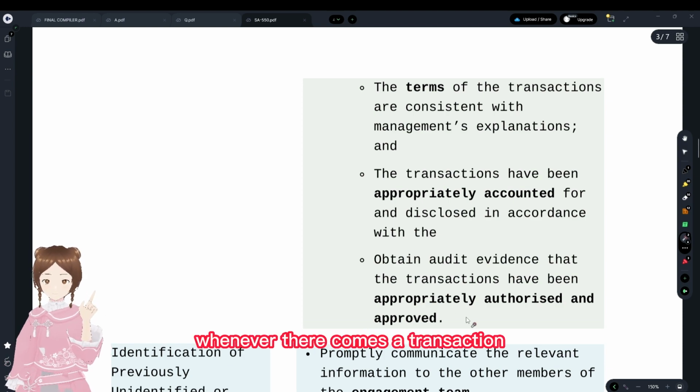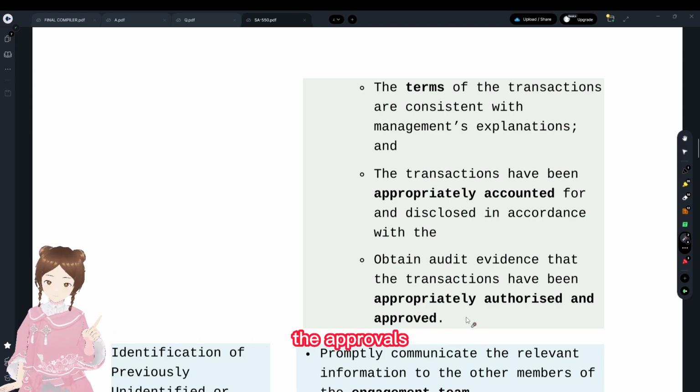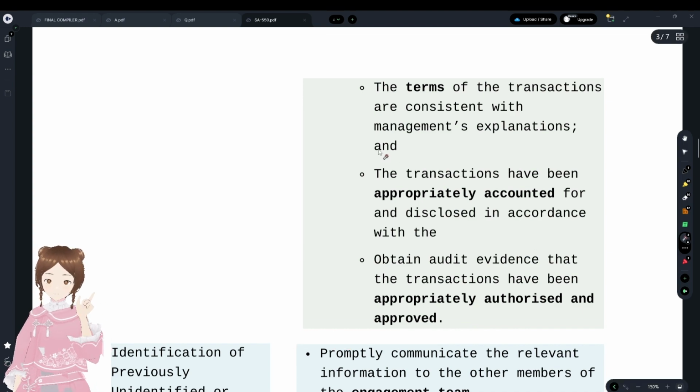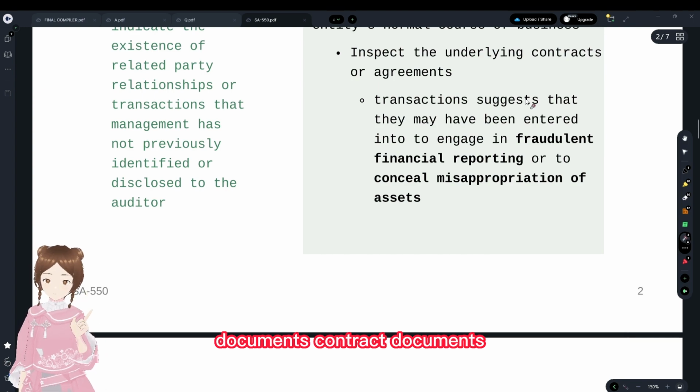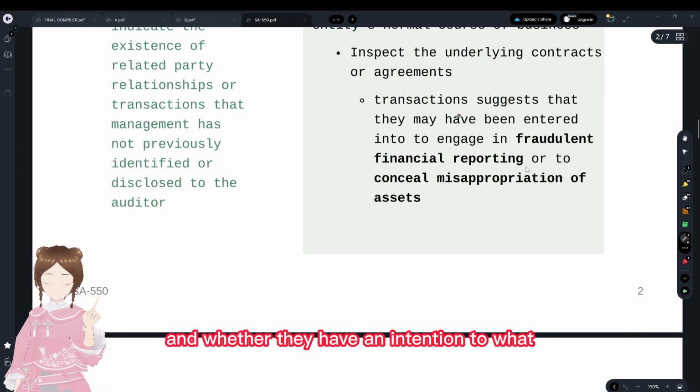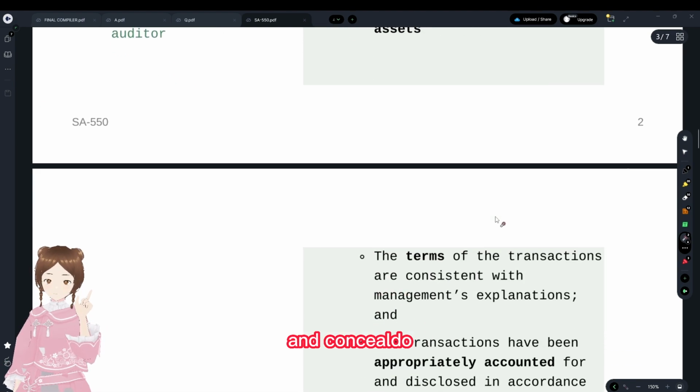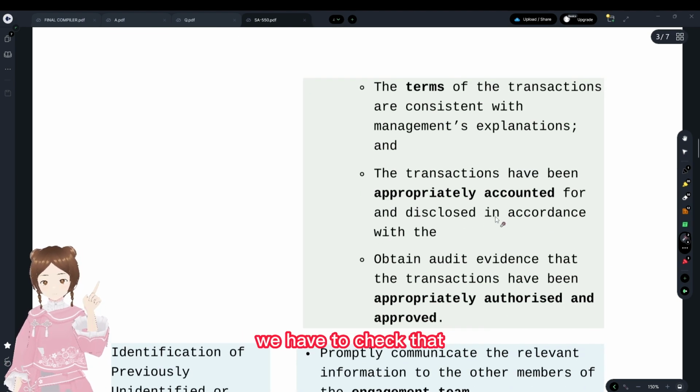Whenever there is a transaction, there come approvals and authorizations. First thing, the contract documents and the terms, and whether they have an intention of fraudulent financial reporting and concealing the misappropriation of assets. We have to check that.